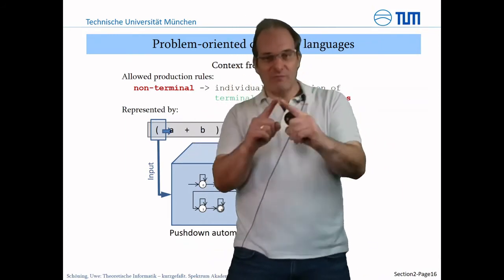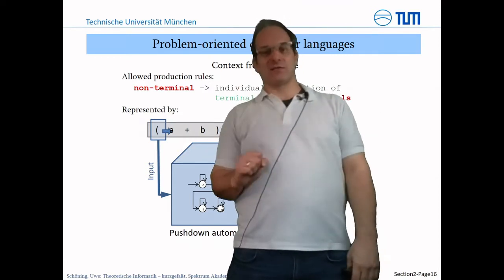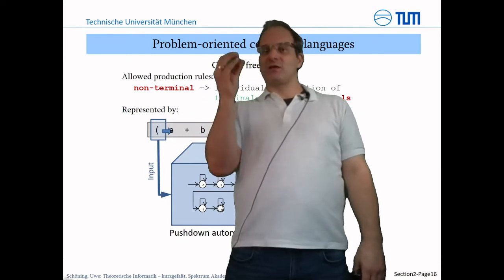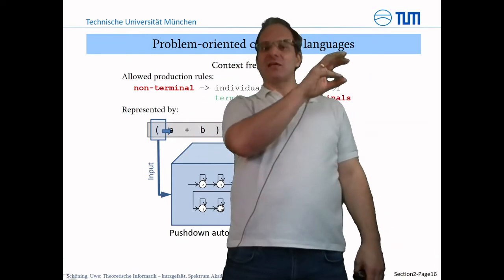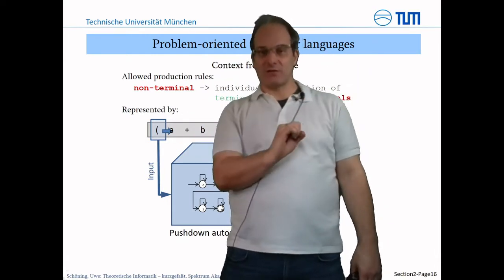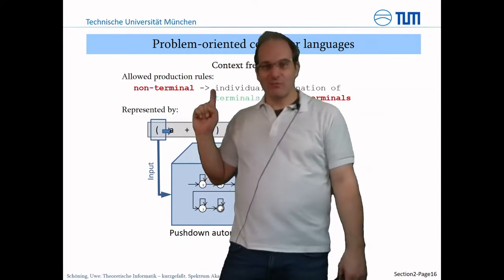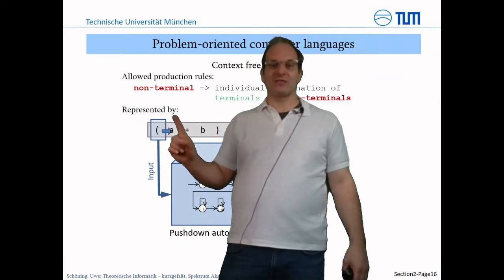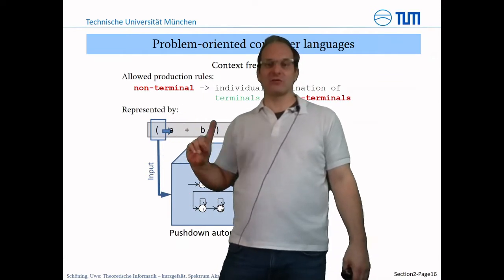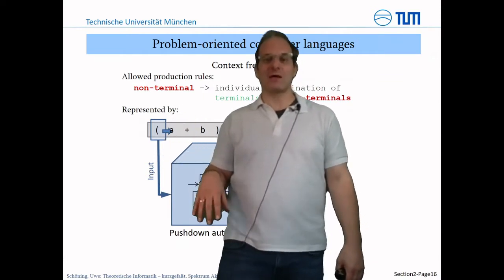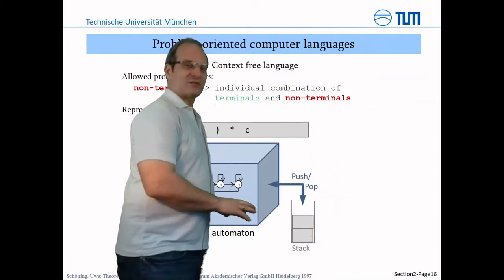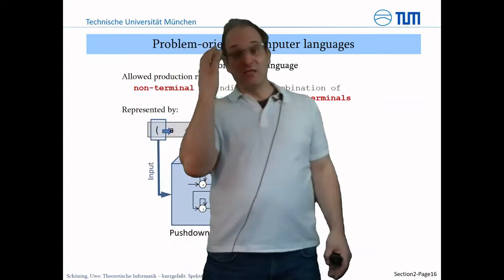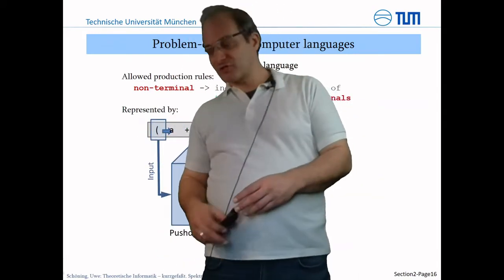And we needed flip-flops for a remembering effect, so that we had the previous state in a memory. So this means we need here not only the state chart and the input tape, we also need something that is called a memory. And in this simple case, we can use a memory which is like a paper stack.